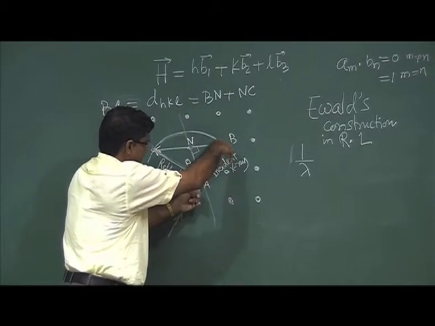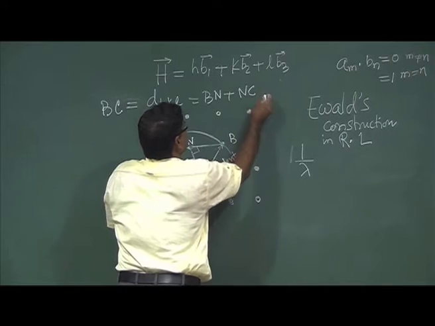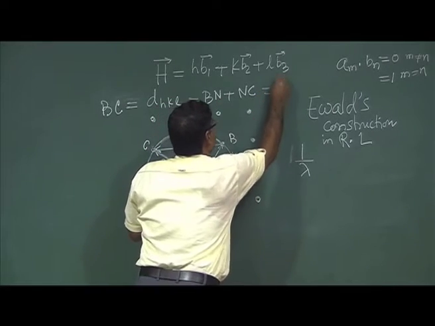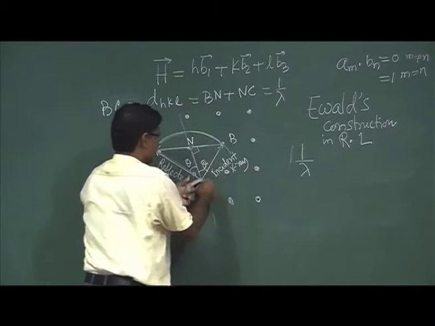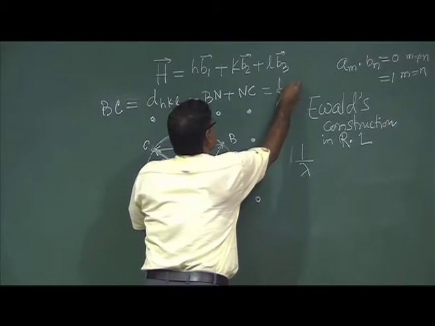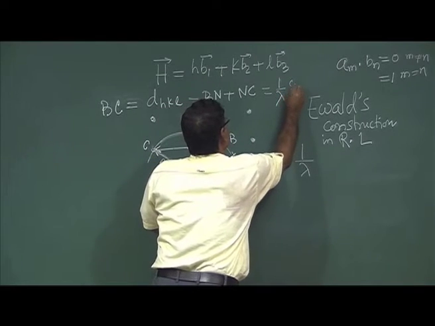BN will be 1 by lambda, this magnitude is 1 by lambda, and then sin theta.